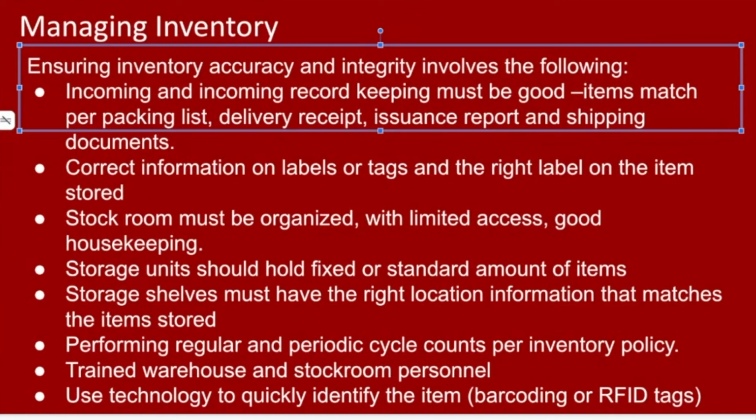And RFID is becoming more popular, especially for high value inventory items. For lower value inventory items, we also have things like QR codes. We're all familiar with QR codes now that the pandemic's through. So these sorts of technological things are being brought in.